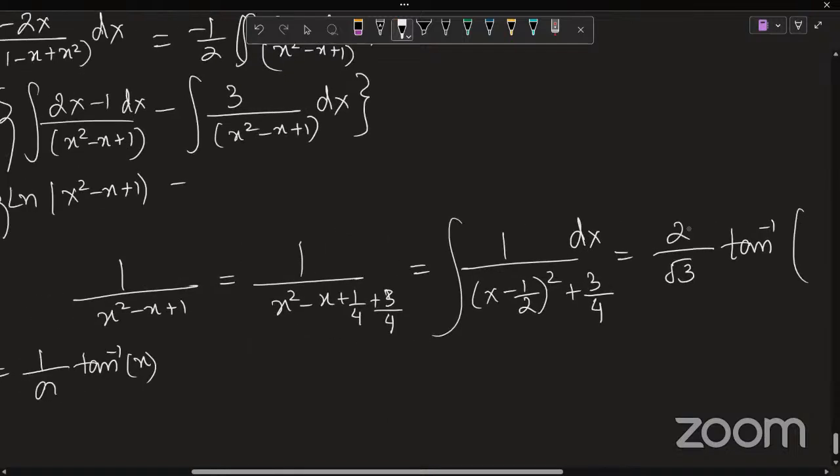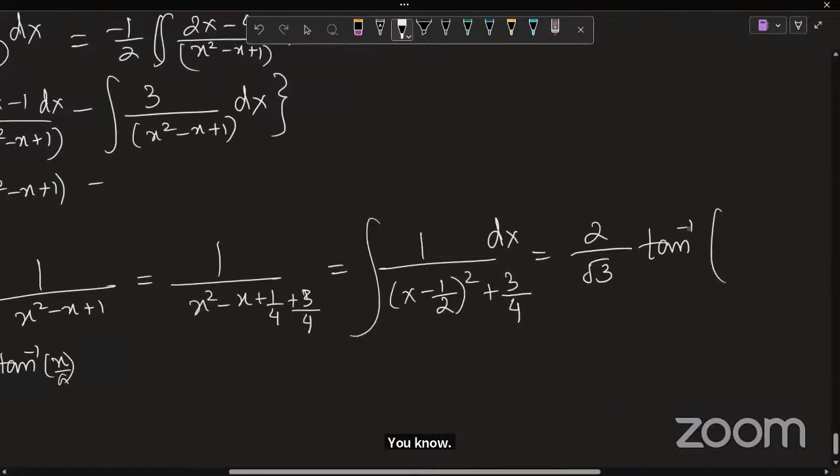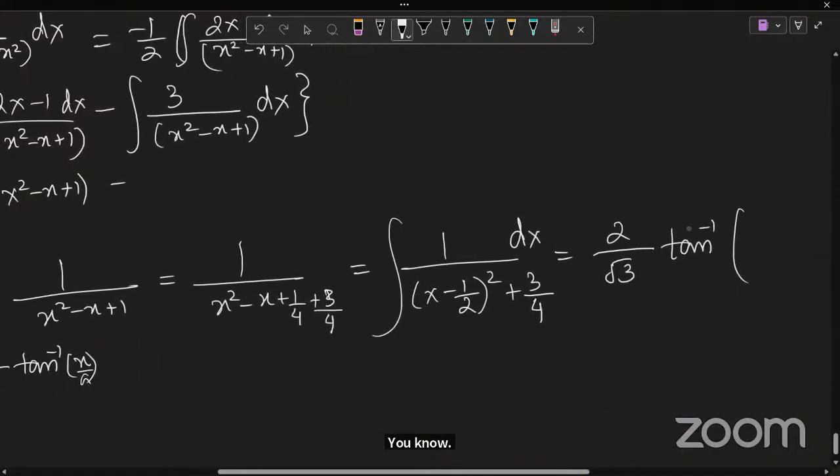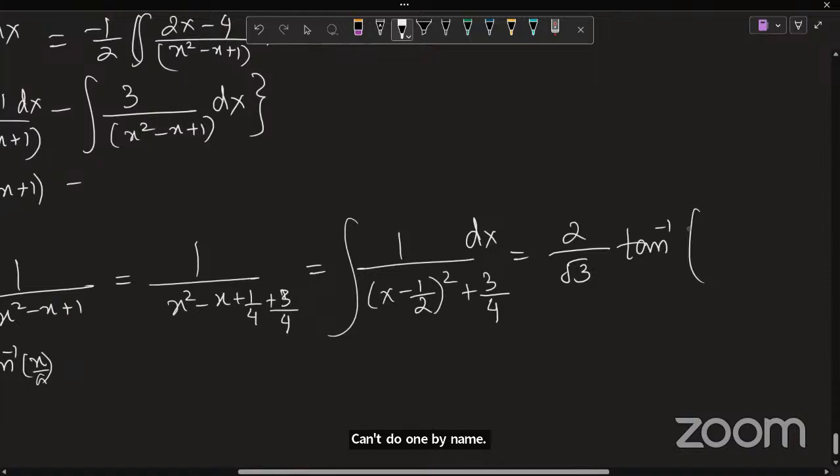Yeah, here it will be 1 by a. There will be tan inverse x by a. Yeah, tan inverse x by root 3 by 2.